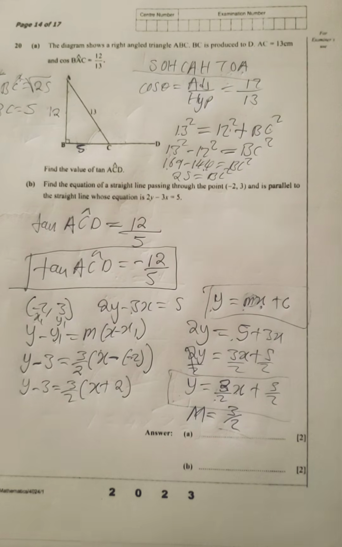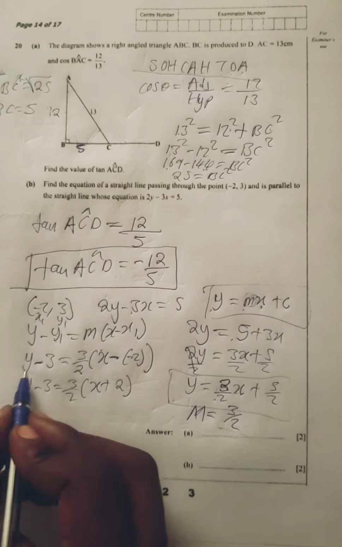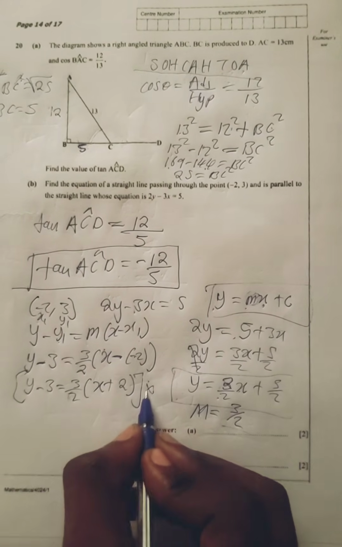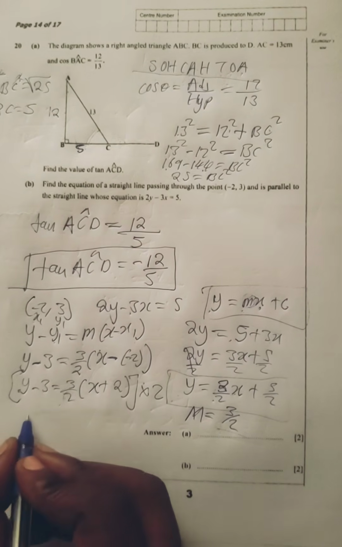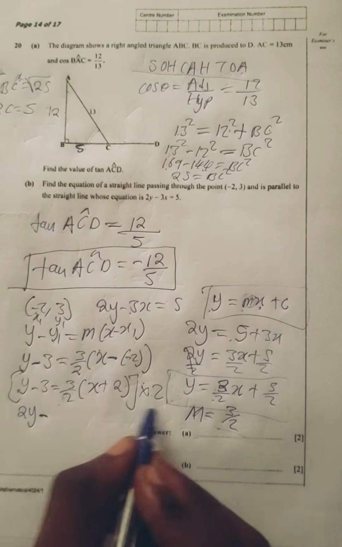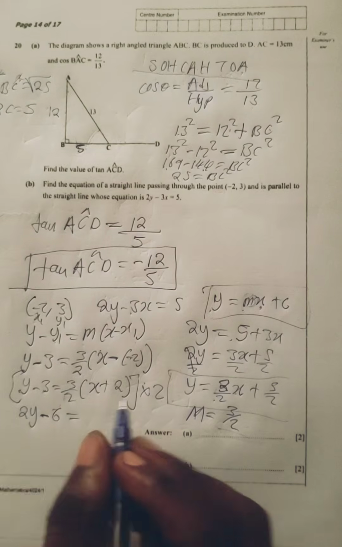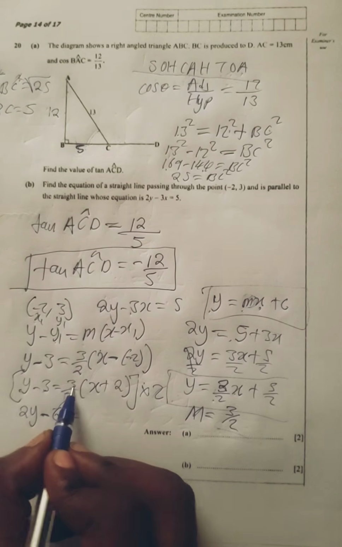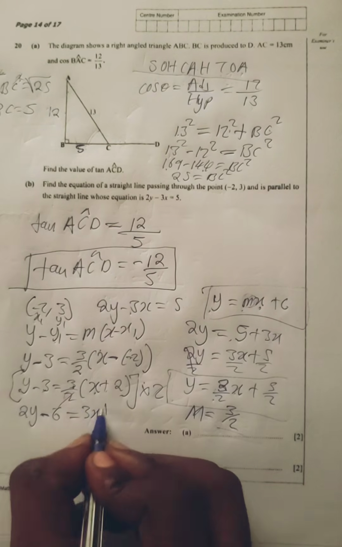At this stage now, if you want, you can multiply this with this, or you can say we want to get rid of this, so we multiply by 2, the denominator, throughout. So 2 by y would be 2y, then minus 2 times this 3 will be minus 6, being equal to, these 2 will cancel with this, will remain with 3. 3 by x will be 3x, then 3 by positive 2 will be positive 6.